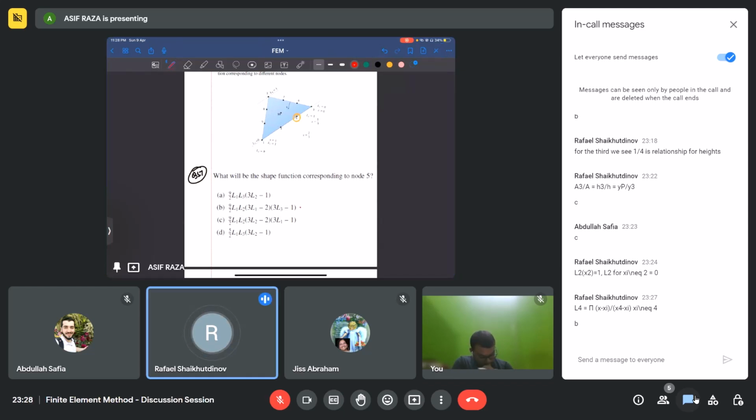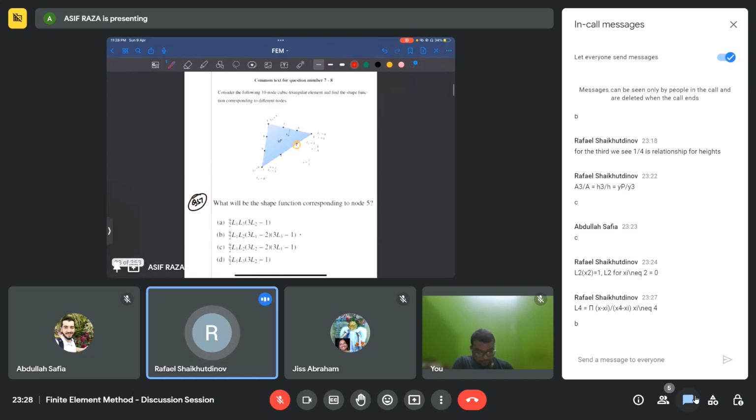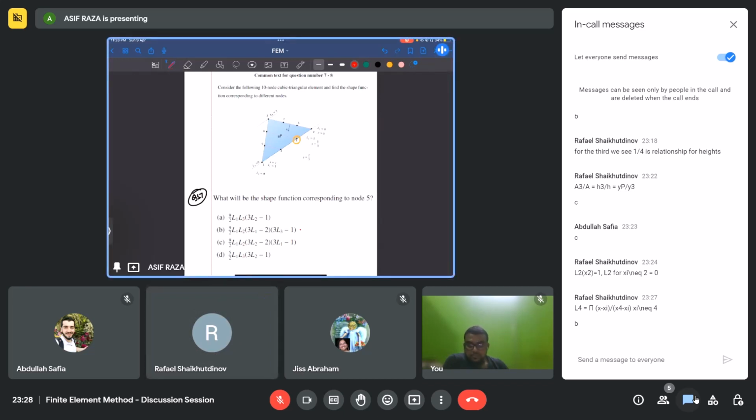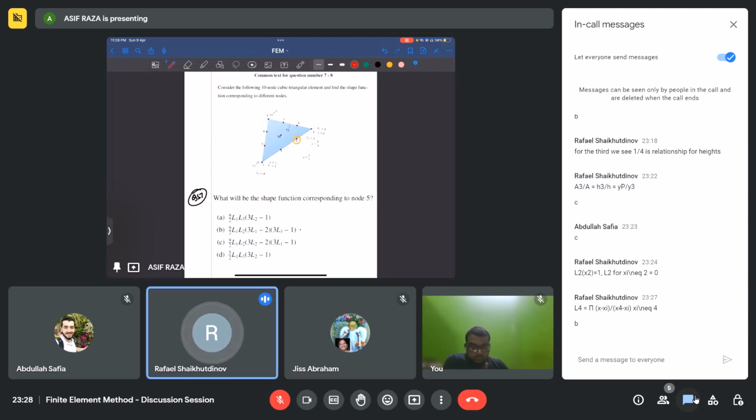My question for this type of question is: is this function defined in a unique way? Because it seems that we can define this polynomial in a non-unique way.